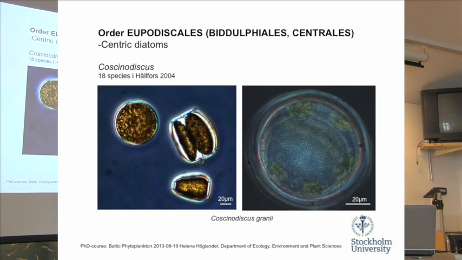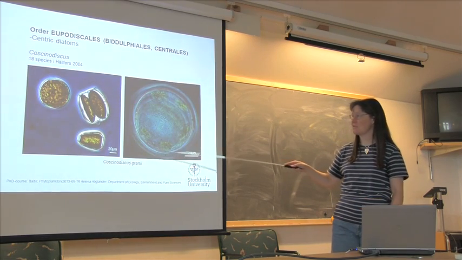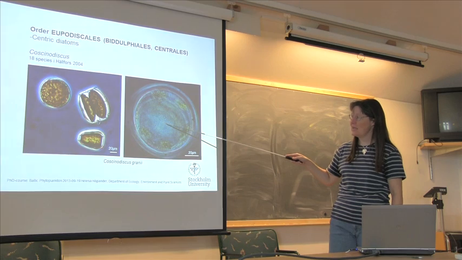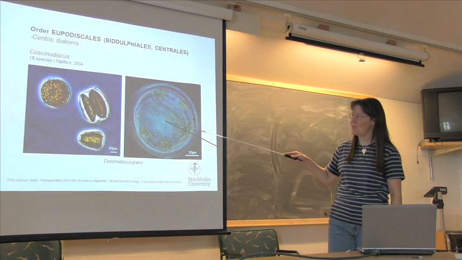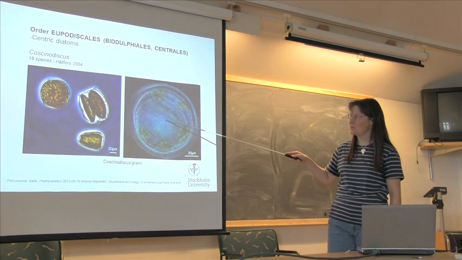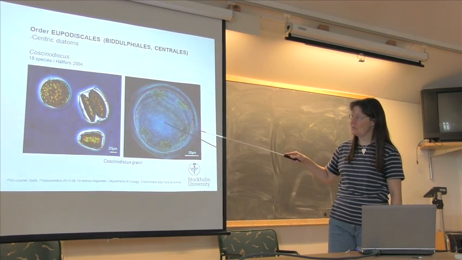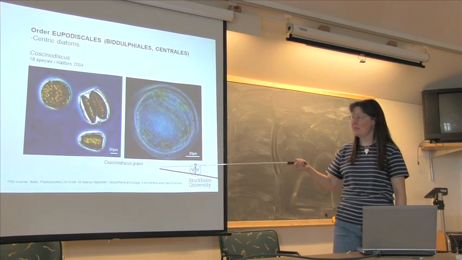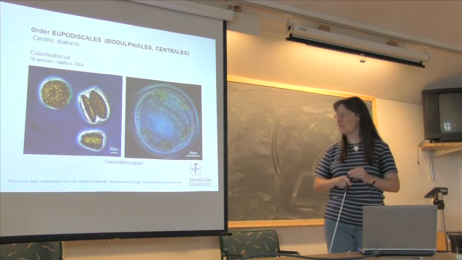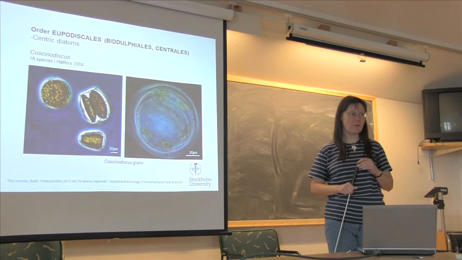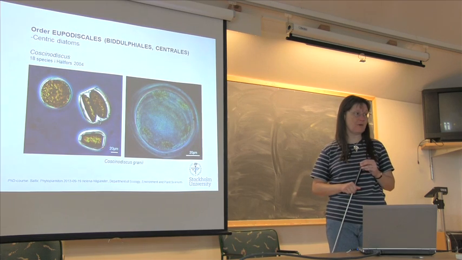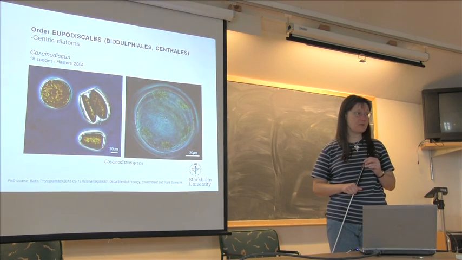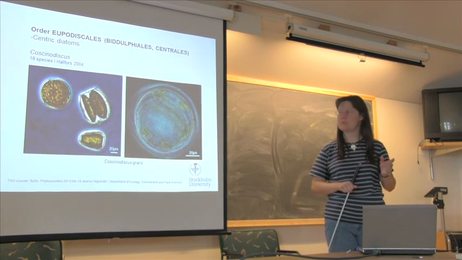And also what's special for this species, because you know Viscus grani, is it has some special area here with larger pores, or structures in the middle, and also that you have this structure radiating out. And this species has been occurring the last years in autumn in quite large abundance, so it can also be important for sediment settling to the bottom fauna in autumn.